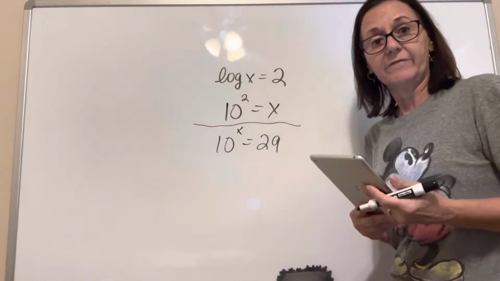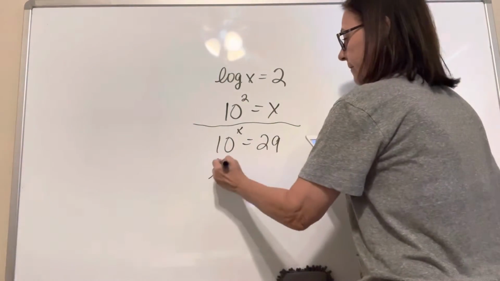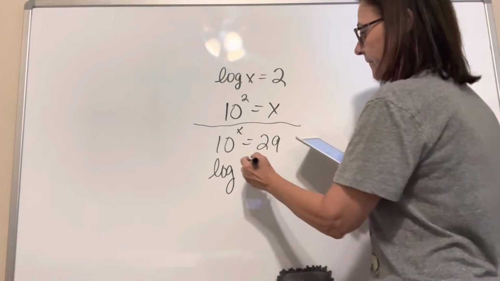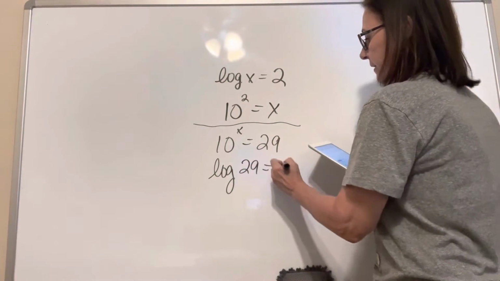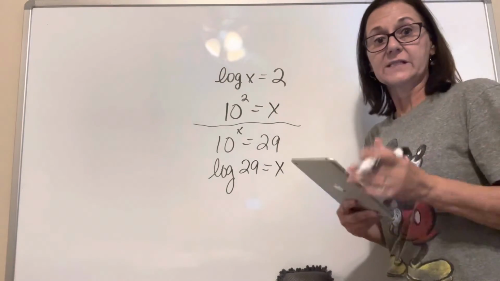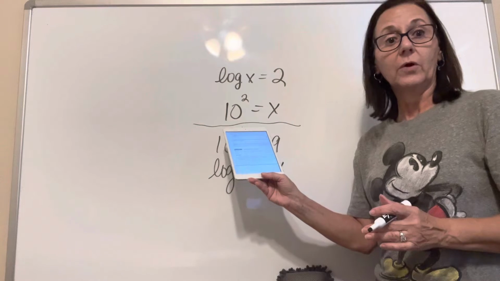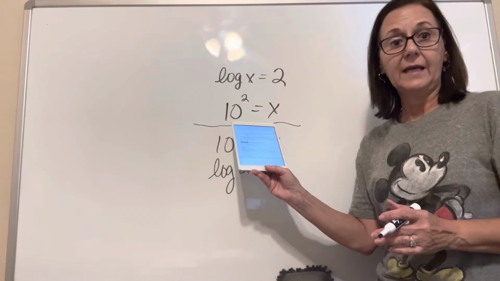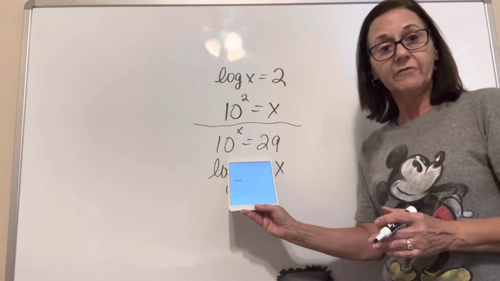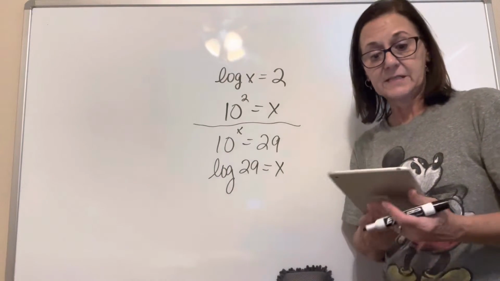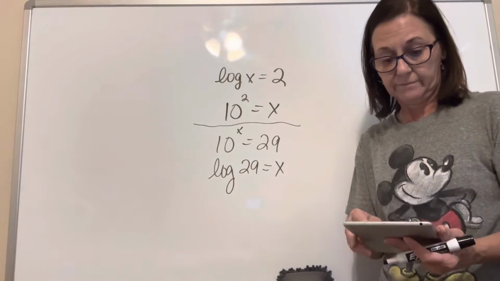Can we write an equivalent log statement? Yes, log. My base is 10, I don't have to write it. My argument is 29 equals x. I said this earlier: solving for the argument, we convert it to its equivalent exponential statement. Solving for the exponent, we write an equivalent logarithm statement to solve for it.